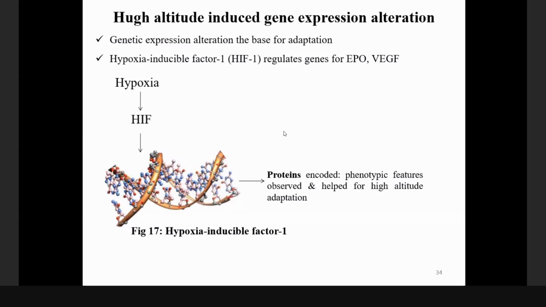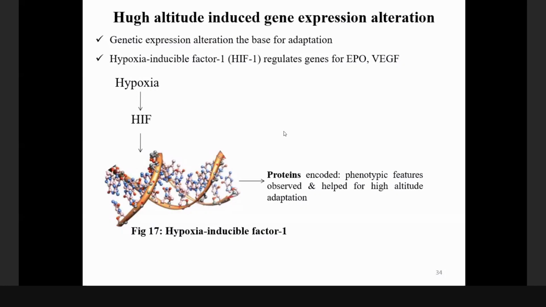This is a gene transcription control factor that regulates genes for EPO. EPO is erythropoietin, a protein produced in the kidney that increases red blood cell synthesis, and also vascular endothelial growth factors, VEGF.